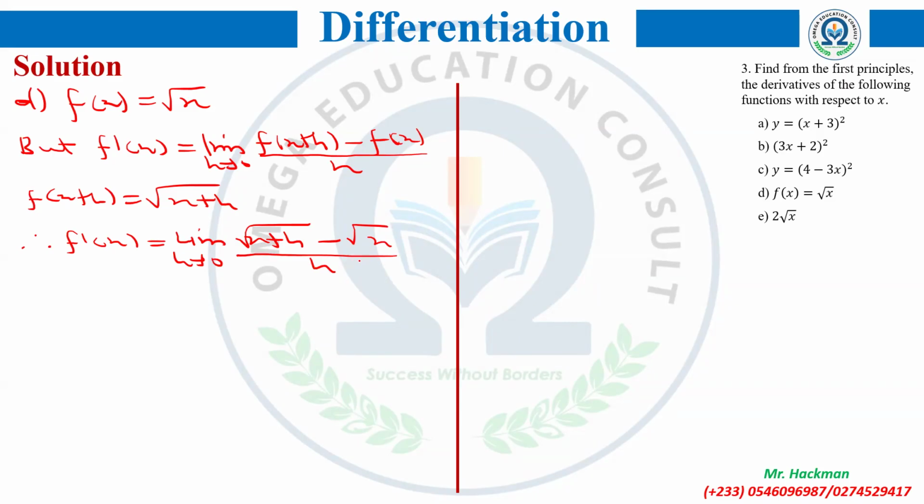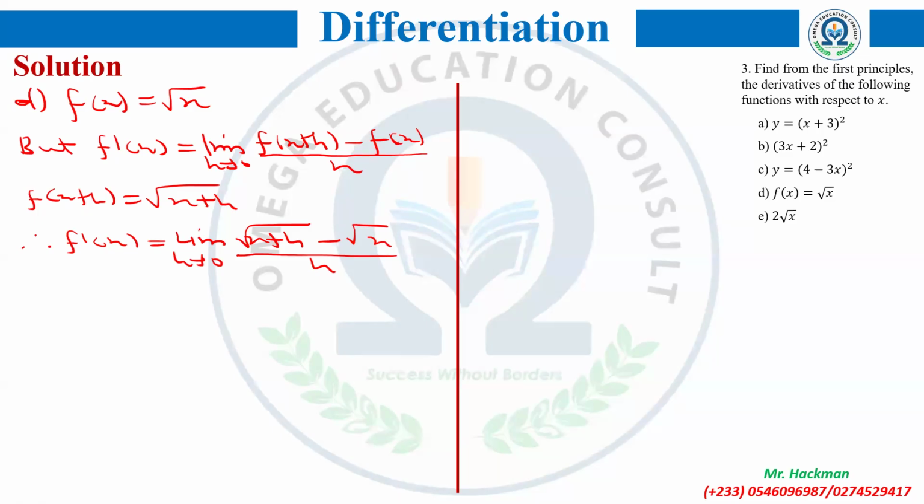Is direct substitution allowed? Hello, is direct substitution allowed? No, please. No. So it calls for manipulation. What sort of manipulation will you do here? Remember what we did yesterday?